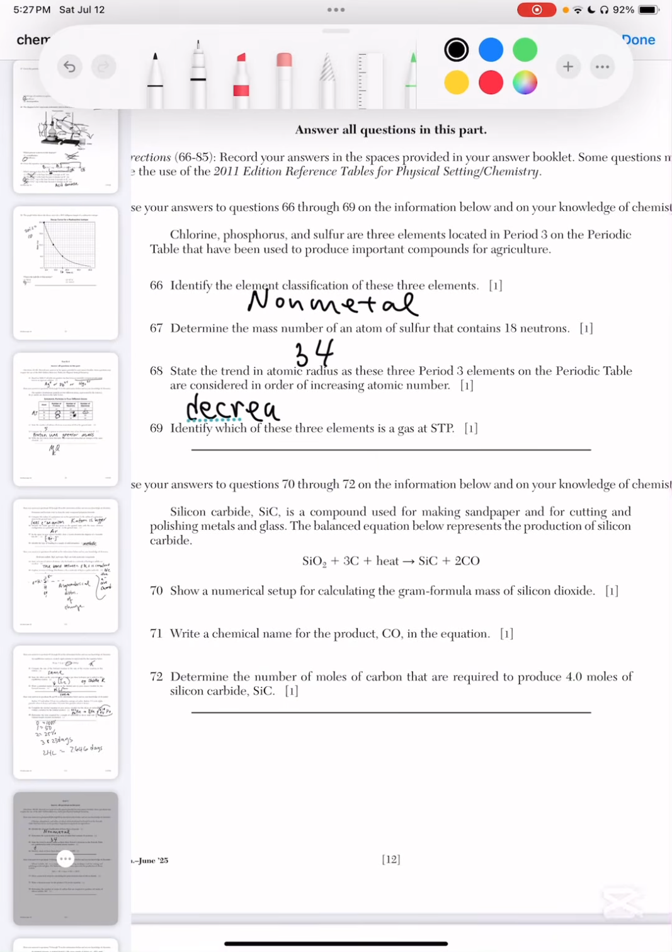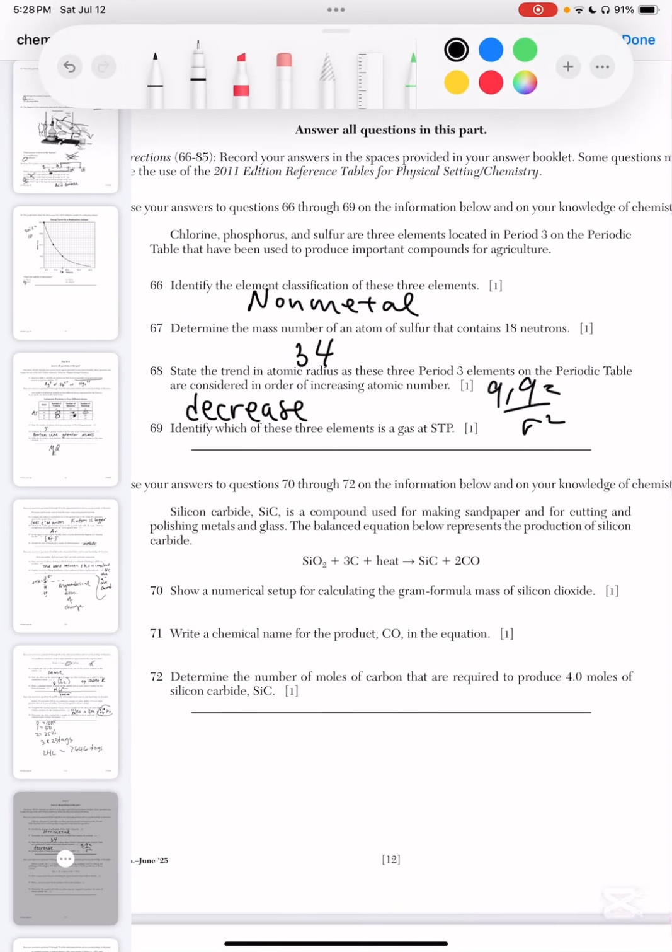The reason for that is because going from left to right, or increasing atomic number, means that you have more protons, and what happens when you have more protons is that you have a bigger nucleus, which according to this equation would mean that you have a stronger force of attraction. So basically a bigger nucleus pulls the electron shells tighter, and that means that the radius of these atoms are decreasing, going from left to right, or increasing atomic number.